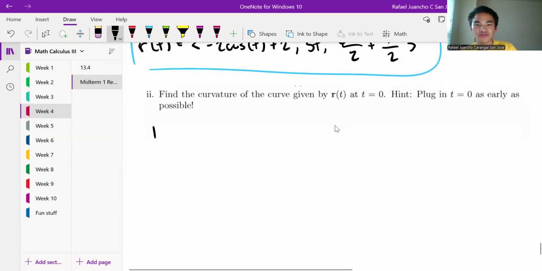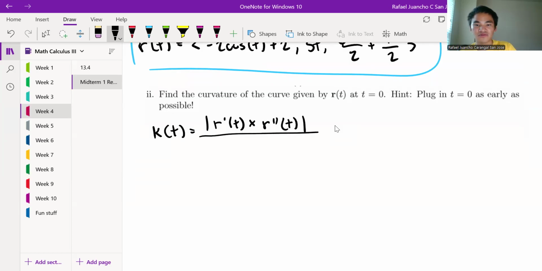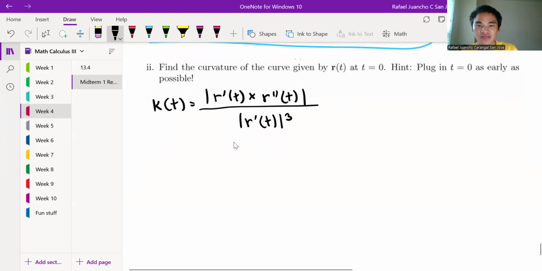So to find a curvature k, what do we need? We need the cross product of its first derivative and its second derivative all over the magnitude of its first derivative cubed. This was just a formula given.